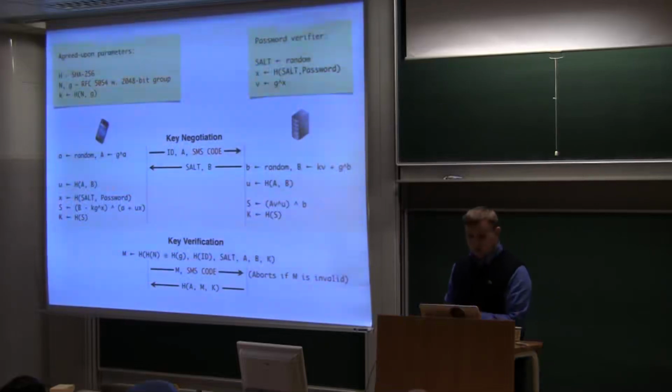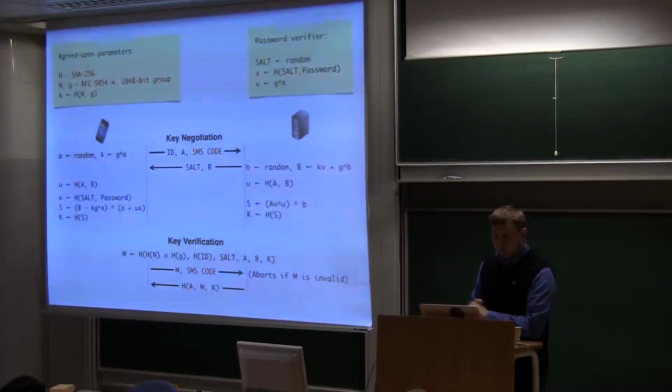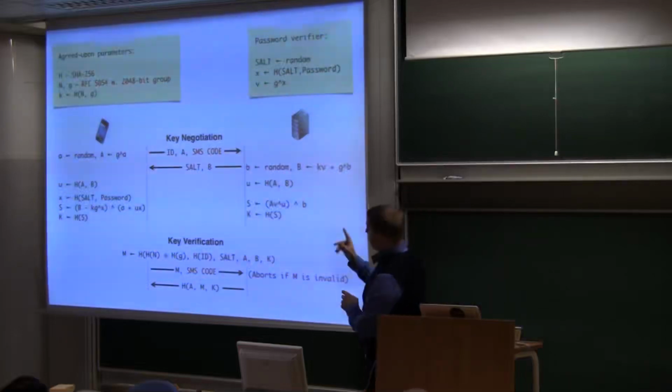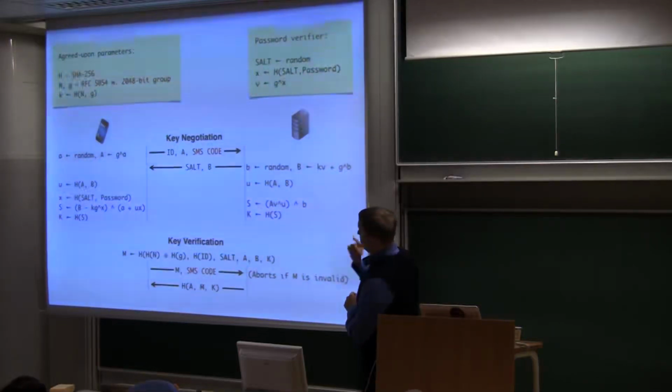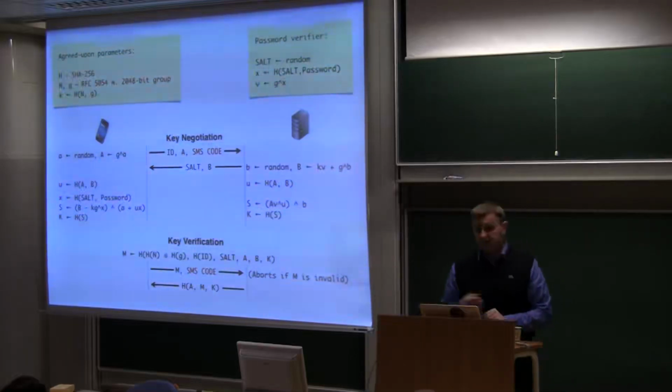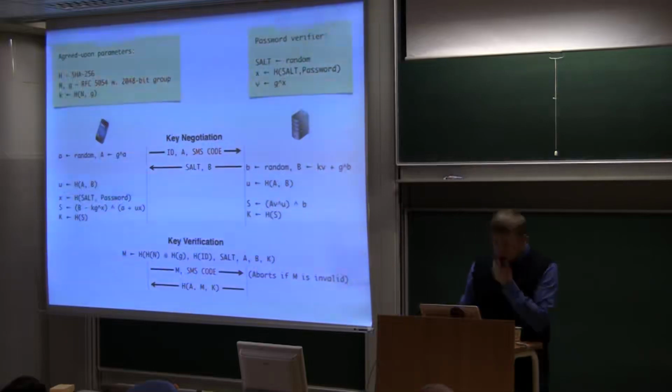The group is the 2048-bit group specified in RFC 5054, which is the RFC for SRP authentication in TLS. And the protocol itself is modified to accept SMS challenge codes. So not only the random number and user ID are sent, but also an SMS challenge, which is sent by the server to the user's phone.